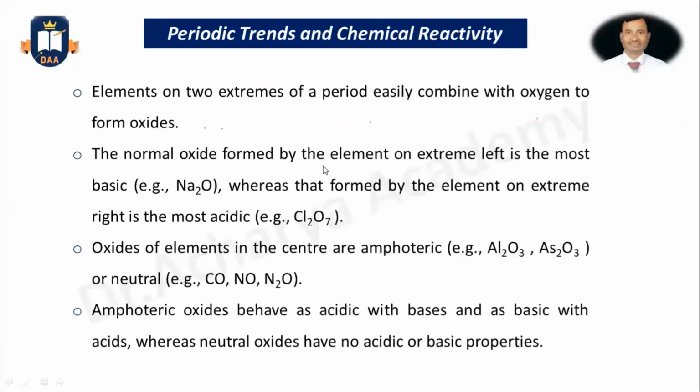So, elements on two extremes of a period, as for example, I have given in period number 3, extreme left, the element is sodium, and extreme right, the element is chlorine. So elements on two extremes of a period easily combine with oxygen to form oxides.